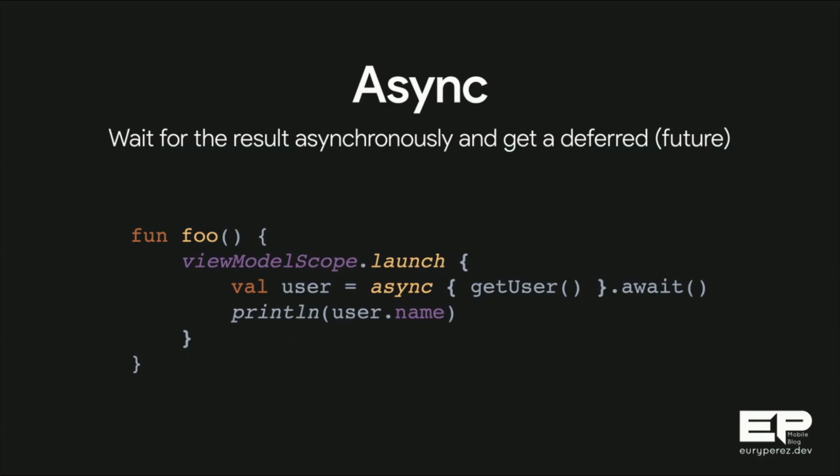For this purpose, we need to call the await function on the async coroutine to let the system know that we want to wait for the result of that coroutine, and then we will be able to use our user after the getUser response.